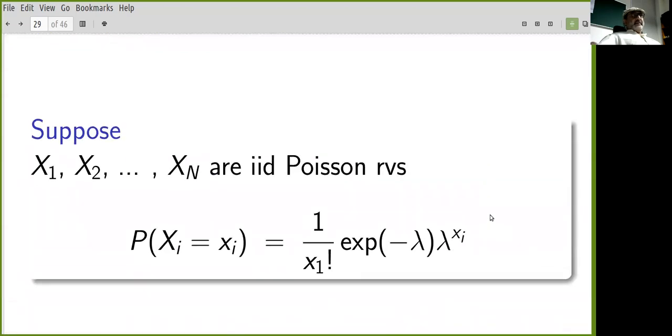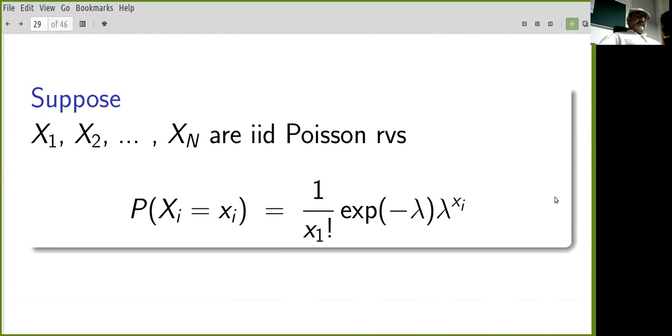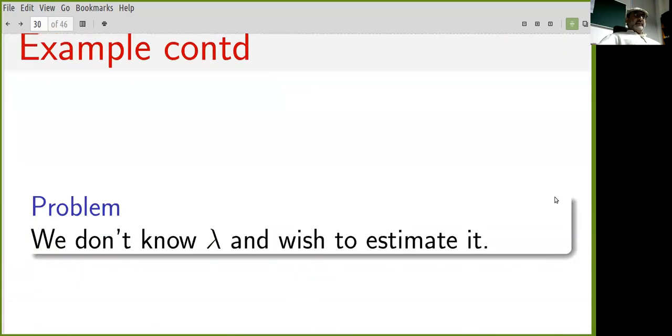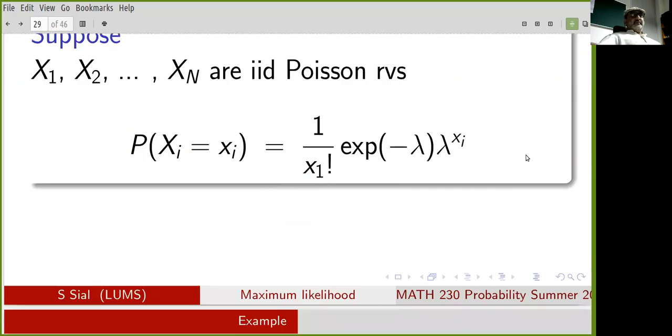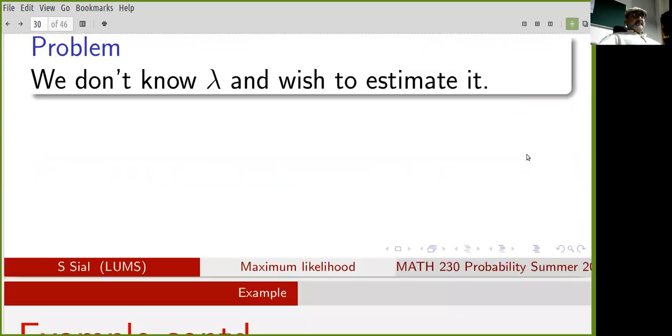Okay, x1, x2 up to xn are now identical independently distributed random variables, right? So they have the same parameter lambda. That's why they're identical. So the probability that X equals xi is 1 over xi factorial, exponential negative lambda, lambda to the xi. We don't know what lambda is. We want to estimate it.